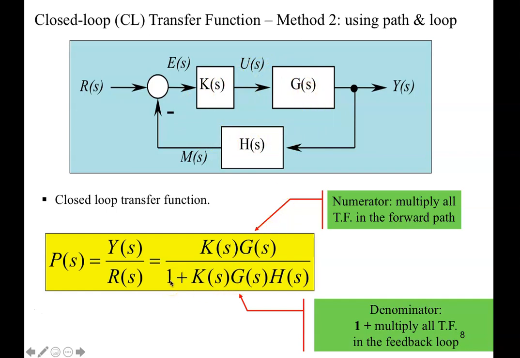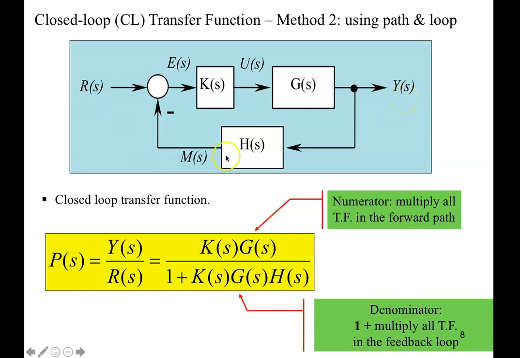It's like a default value. So it's 1 plus the product of all the transfer functions in the feedback loop. That will give you the transfer function from R to Y.